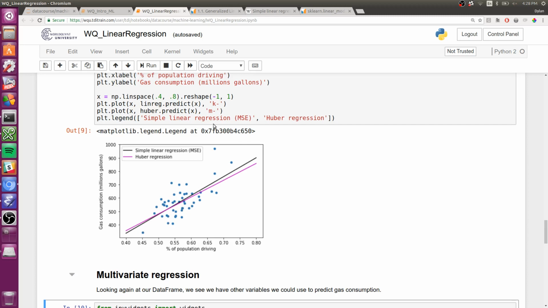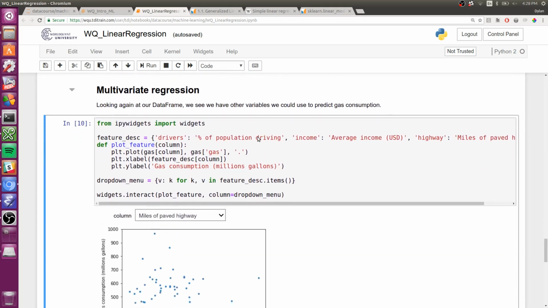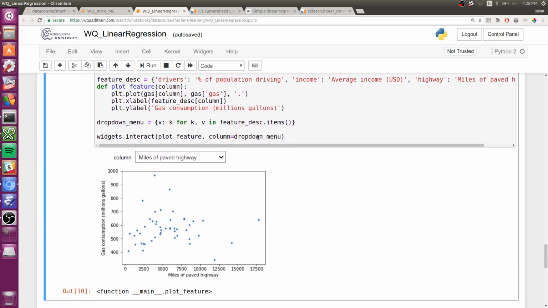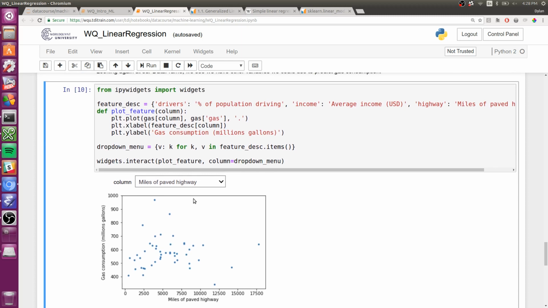It doesn't look like they follow some kind of more complex curve. They're not rising and then falling. They just linearly increase. So before we try to do linear regression on the other variables, we should check whether or not they even have a linear relationship with the gas consumed.